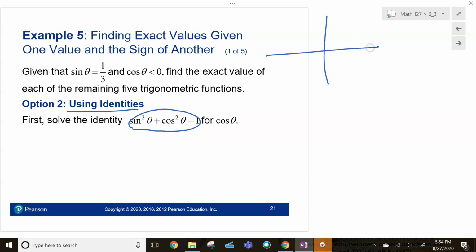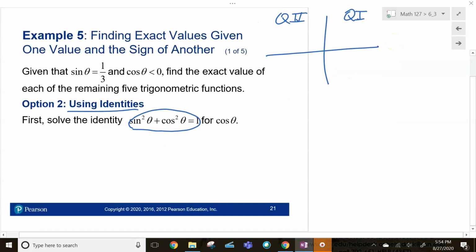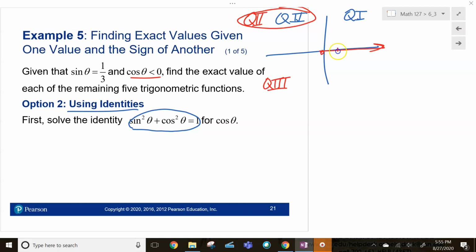And if you remember, you want to think, well, the sine's positive, so I'm either here or here, but then the cosine's negative, so I'm either in quadrant 2 because of that, or I'm in quadrant 3. So they both have to occur, so it's got to be here in quadrant 2. So I know this thing has rotated into quadrant 2, right? So you want to think about that prior to even starting using the identities, because your x will be negative, your cosine will be negative, your sine will be positive, right? All right, so let's do that now using the identities.